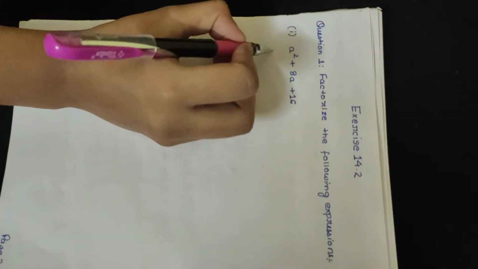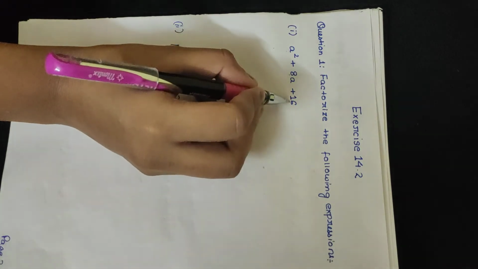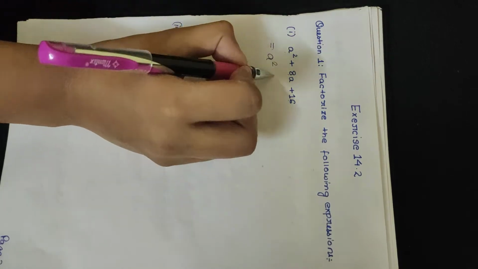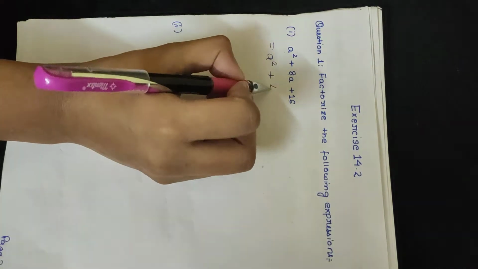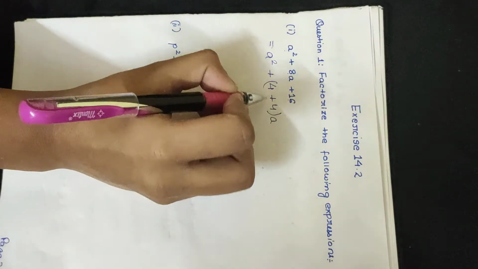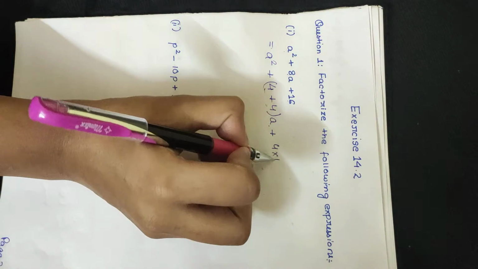So the first question is factorize the following expression. Here the question is a square plus 8a plus 16. So how can we break it? We can break it as a square plus 4 plus 4 into a, which is actually 8a, plus 4 into 4.